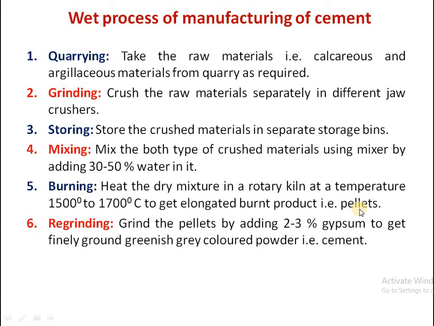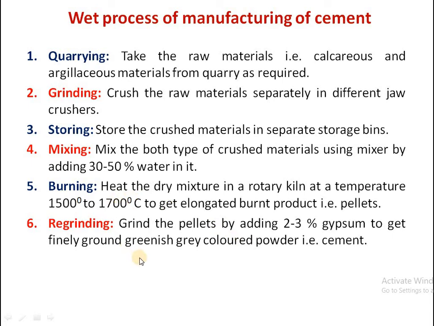So in the dry process clinkers are formed, but in the wet process pellets are formed, which are not rounded but elongated or flaky burnt products. And in the final step, regrinding should be done for the pellets by adding 2 to 3% calcium sulfate, that is gypsum, and we will get the same finely ground greenish grey powder which is called cement.